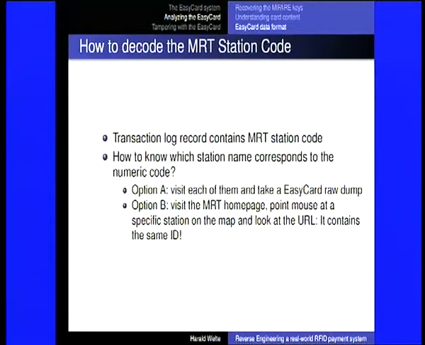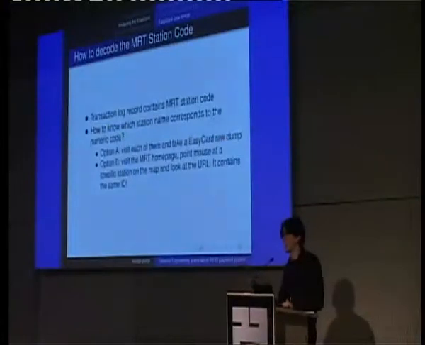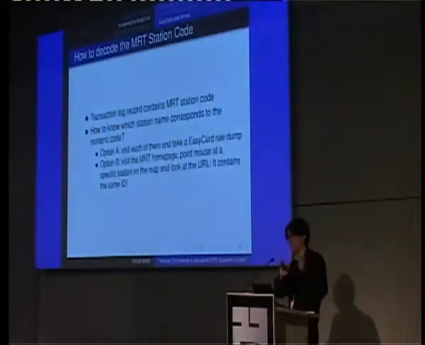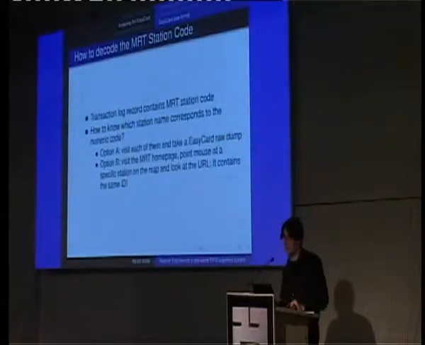The MRT station code, how do we decode it? I mean, for adding money to it is not really important, but I wanted to understand what's going on. So it's the MRT station code. So you see, if you go to one station, you have 10. You go another station, you have 12. Now, you could go to each and all of the stations, and then you create your mapping. This is the station name in English, in Chinese, and that's the hexadecimal number that represents it on the card. Would be very tiresome.